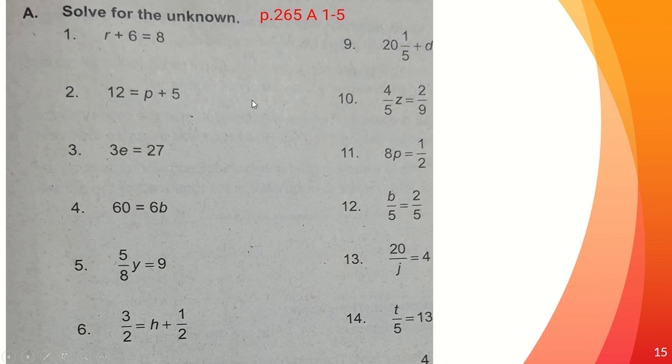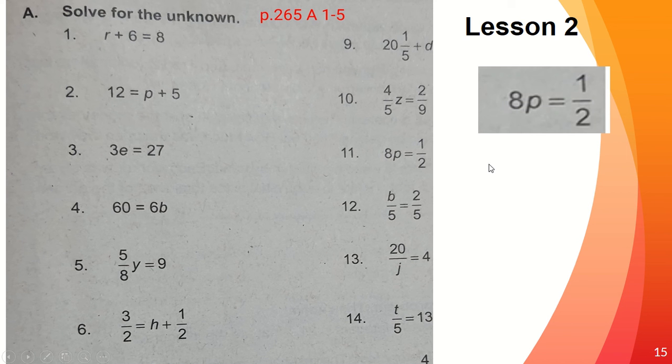Okay. So, these are the activities for lesson 2. So, you will answer 1 to 5 only. So, I gave you number 11 as an example. So 8P equals 1/2. So since we are dealing with fraction, so yung reciprocal uli. So you will divide it.